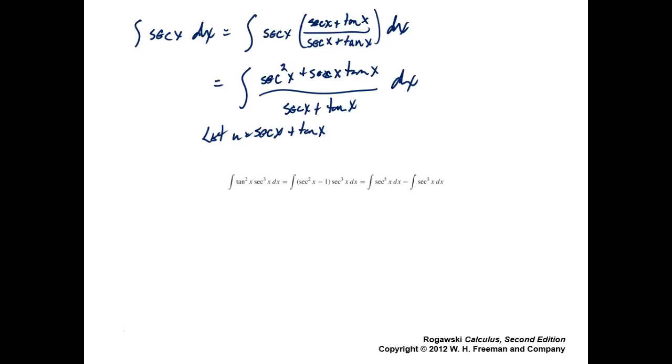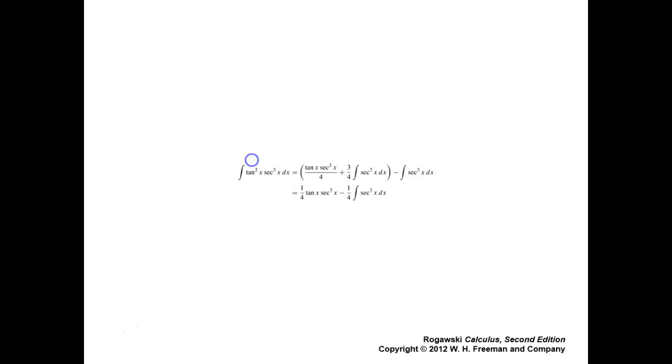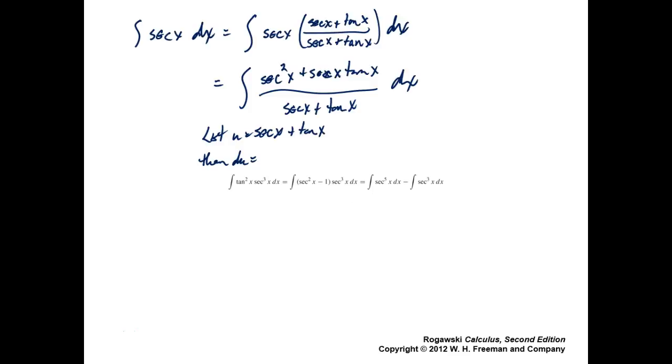This is the magic. Then what? du is equal to, okay. What's the derivative of secant x? Secant x tangent x. What's the derivative of tangent x? You just said it. Secant squared x dx. And guess what we've got in the numerator?